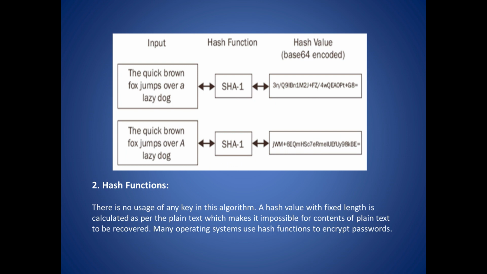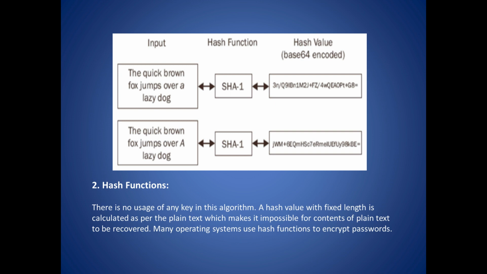So basically we have another type of cryptography better known as hash functions. It is not as popular as the types of cryptography I have mentioned before, but in hash functions there is no usage of any key in this algorithm, which is a very big advantage for it.